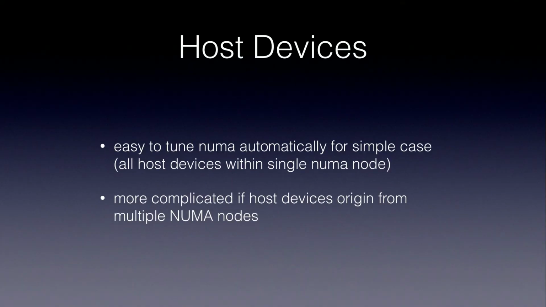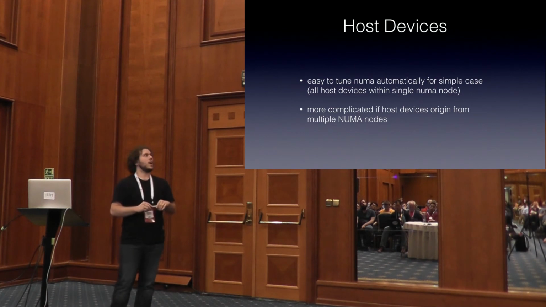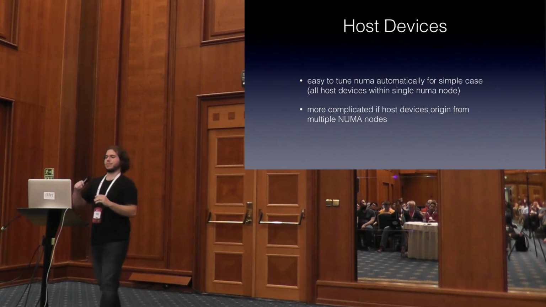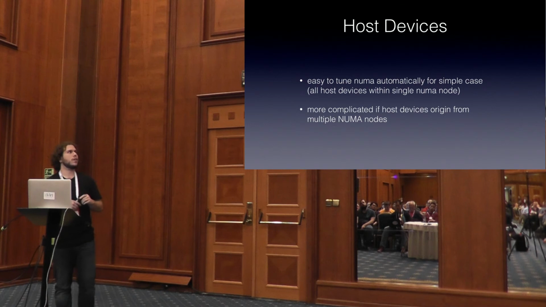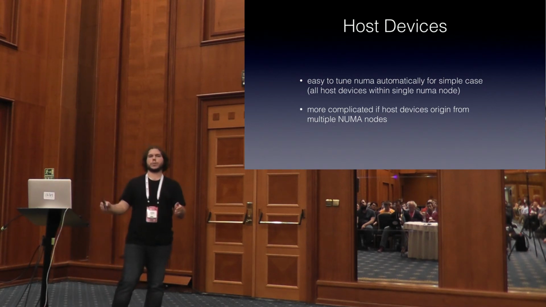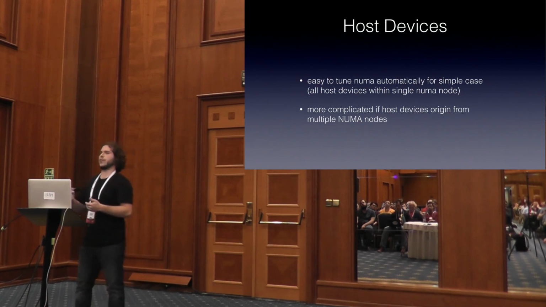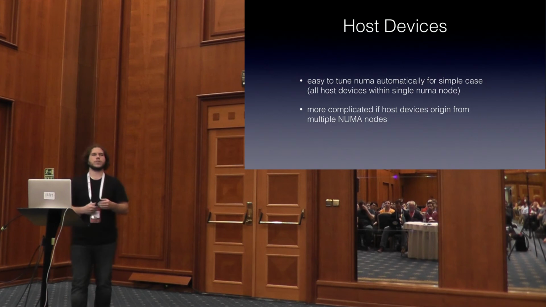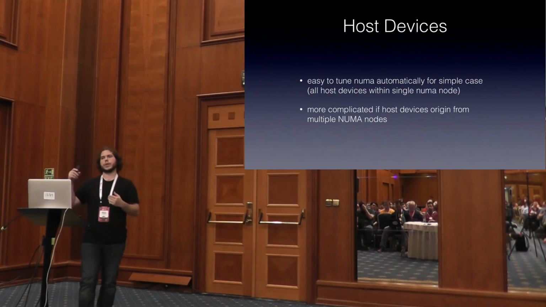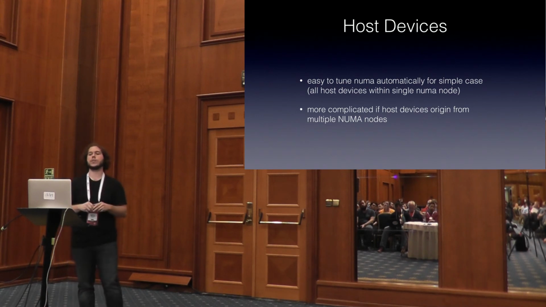Now, this is not that bad if all your devices are from a single NUMA node, but I believe, and it was even mentioned in the previous talk, if you have devices from multiple nodes and you have VMs spanning multiple nodes, you have to figure out how to pin it. So your VM may have 4 NUMA nodes because your devices are split between 4 NUMA nodes.